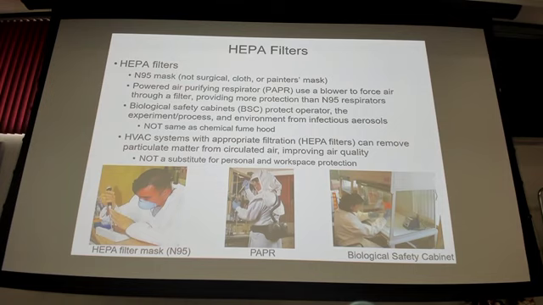So there would be a duct that literally forces that air out into the environment. Oh, and then also HVAC systems usually have HEPA filters as well. So just standard building HVAC systems.